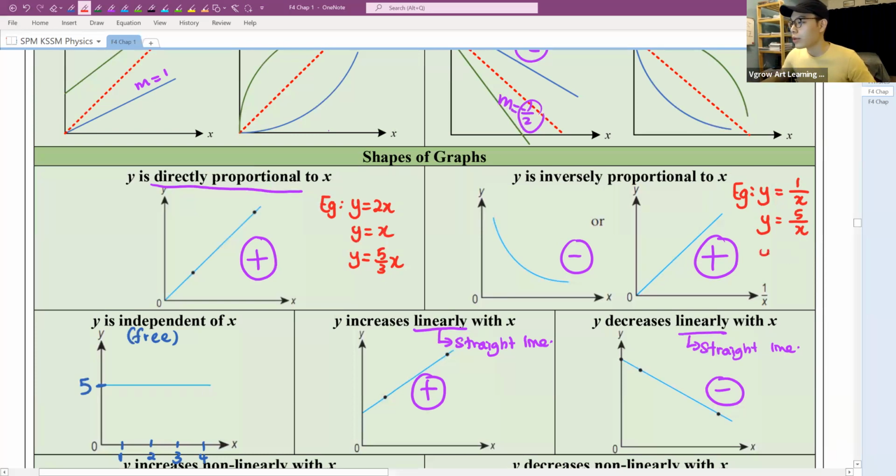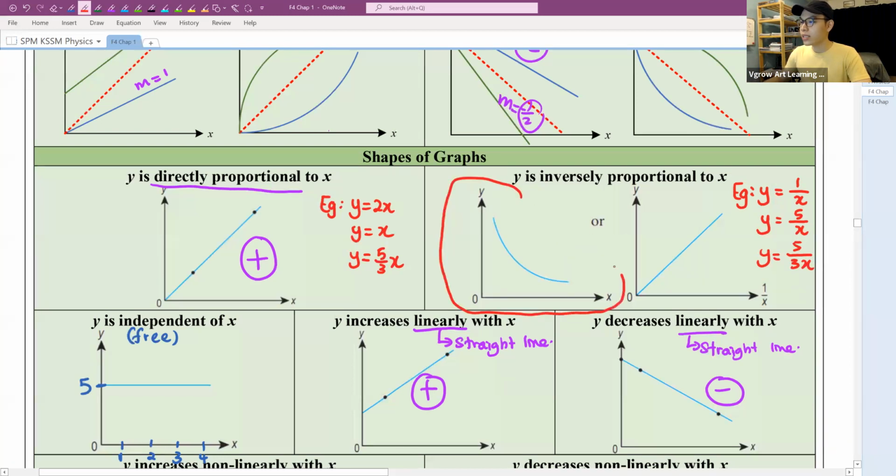Okay, and maybe you have, let's see, 5 over 3x. It doesn't matter. So 5 over 3 is still a number as long as x is at the bottom. Okay, so I want you to see a very distinctive trend here. 1 over x, it is at the bottom. And there's a reason why when we draw the inverse graph, it looks like this.